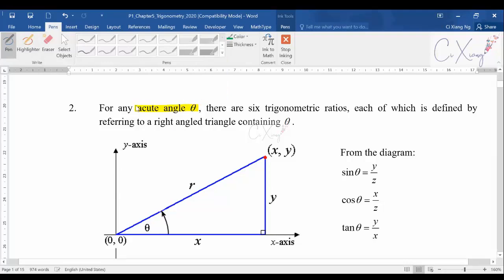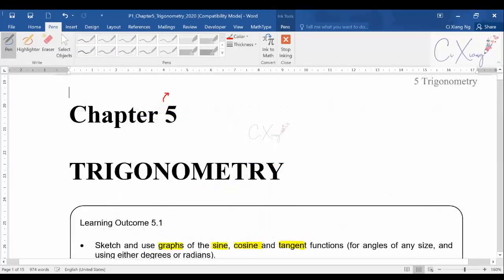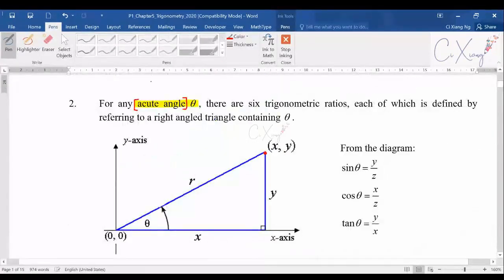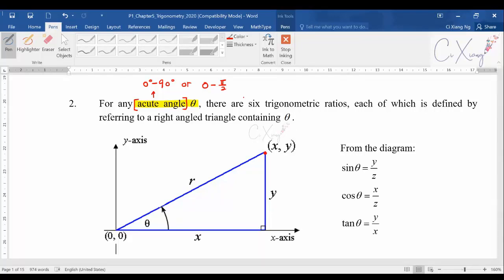When you see the words acute angle, it means that the angle is between 0 and 90 degrees, or from 0 to pi over 2 in radians. Either it is 0 to 90 degrees or 0 to pi over 2 radians, or it is the angle in the first quadrant.